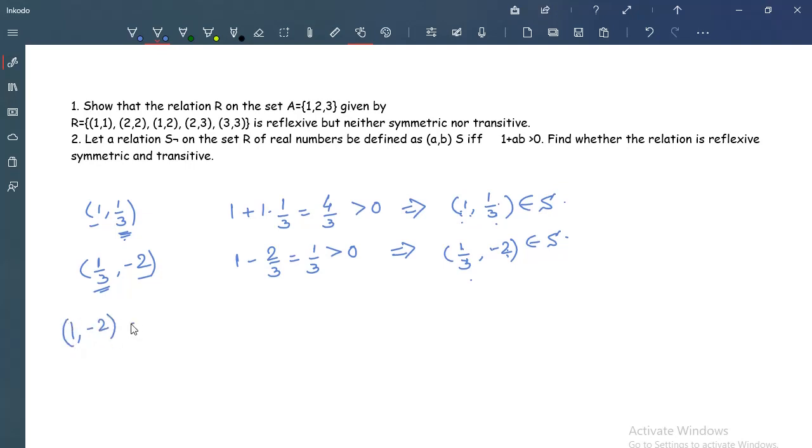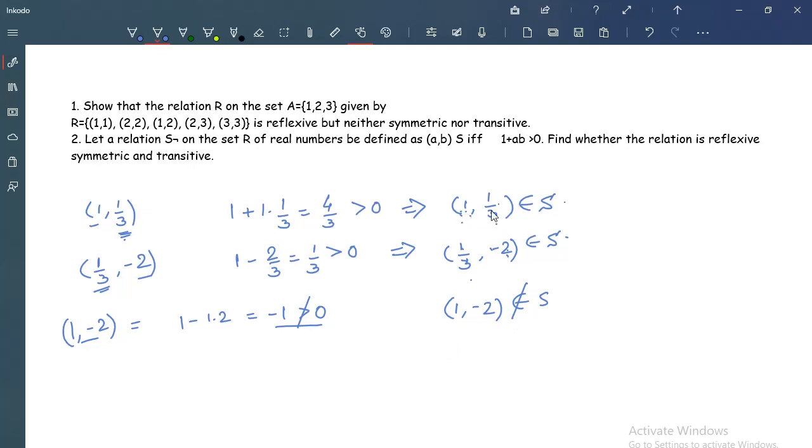Let us check. 1 minus 1 into 2, that is minus 1, greater than 0. Is it true? No. So 1 and minus 2 are not related.